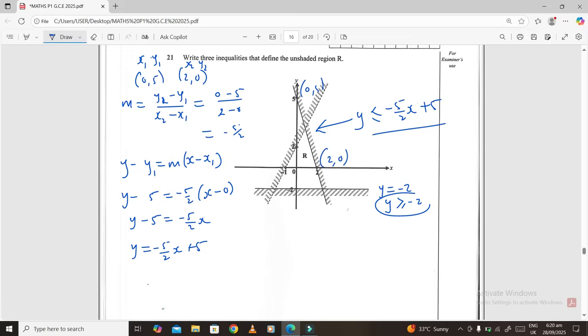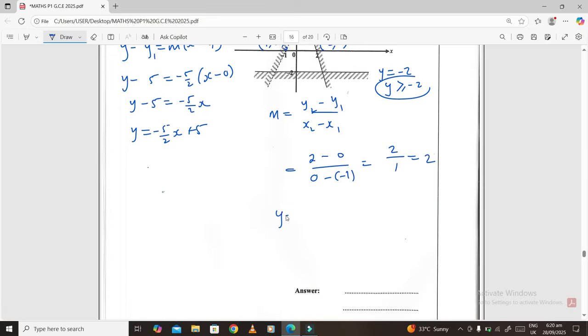And the last one also, we pick the coordinates. Here it's -1, 0, while here it's 0, 2, right here where it's passing. So we can say m is equal to y2 minus y1 over x2 minus x1. We find the gradient. So this is my x1, y1, x2, y2. So just plug in. It's giving out 2 minus 0 over 0 minus negative 1. So here it's 2 over 1, which is just 2. Our gradient is 2.